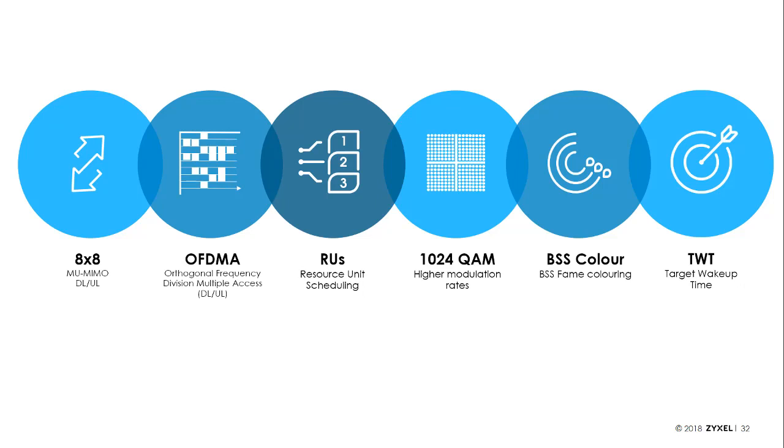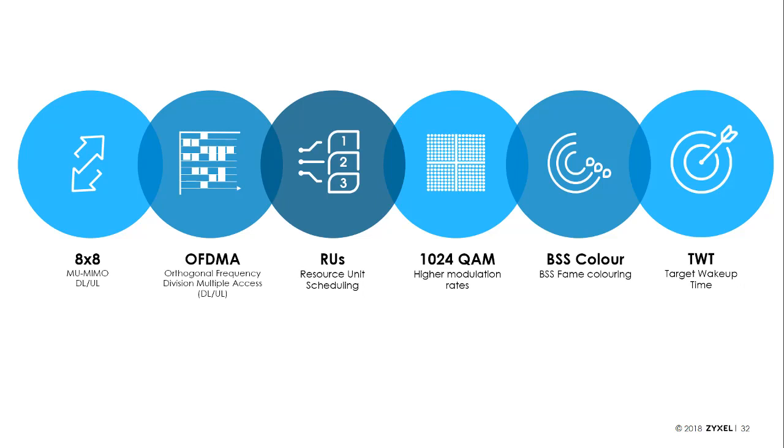We will briefly touch on OFDMA and how it works, as well as resource units. Like I said before, we'll touch on resource units in a moment, but from a very top level view, it effectively allows a breakdown of the channel into smaller segments so that we can allocate to lots more devices in a smaller subset of existing channels. So really more efficiency in what we have today.